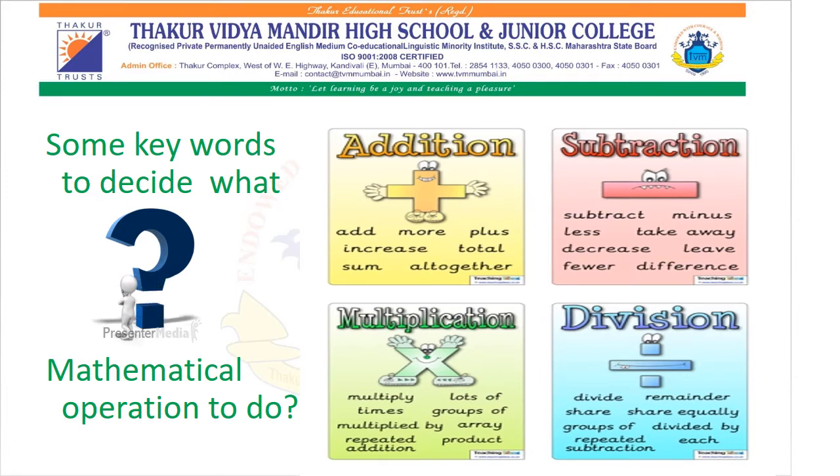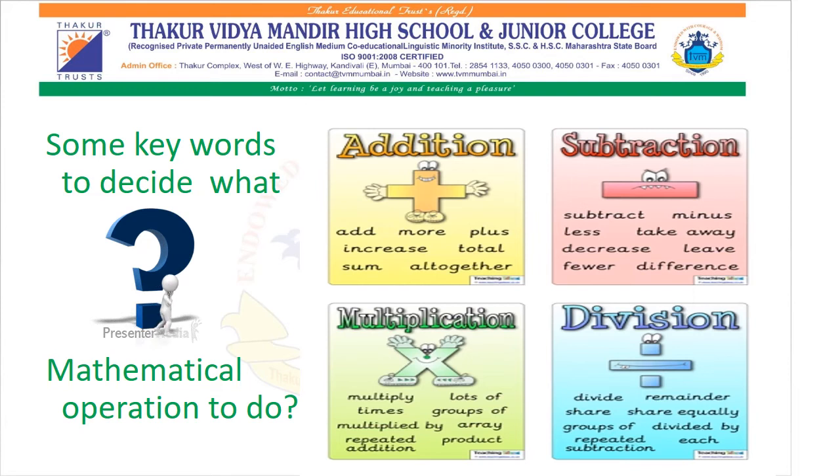For multiplication: multiply, lots of, times, groups of, multiplied by, array, repeated addition, product. Keywords for division are divide, remainder, share, equally share, group of, divided by, each, repeated subtraction. All these words represent division. Correct? So they will help you decide which operations to do. Is it clear?